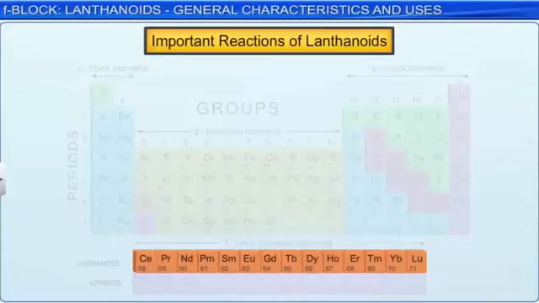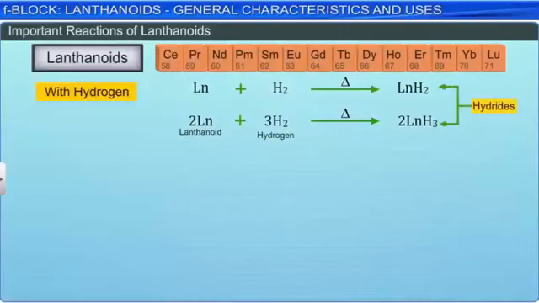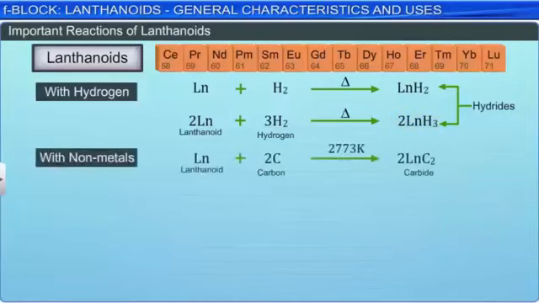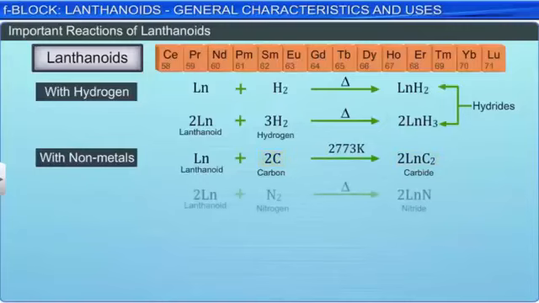These metals combine with hydrogen when heated gently in the gas and form hydrides of the type LnH2 and LnH3. On being heated, these elements combine directly with nonmetals and form carbides with carbon, nitrides with nitrogen, sulfides with sulfur, and halides with halogens.